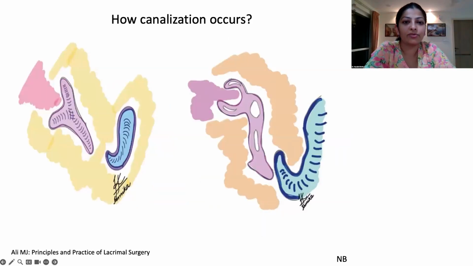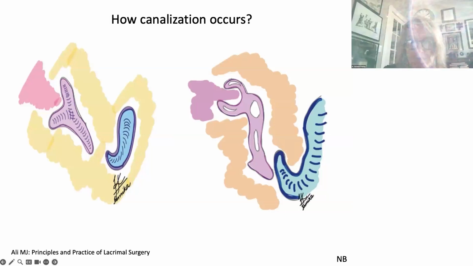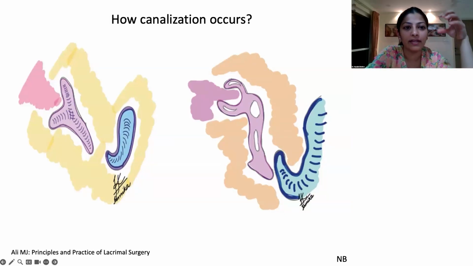So as Dr. Freitag was saying, what happens when the canalization occurs? If you look at the development of the nasolacrimal system, the canalization actually begins in the lacrimal sac, as you can see in the second picture. You see these various vacuoles, the white spaces that you see in the lacrimal drainage passage.